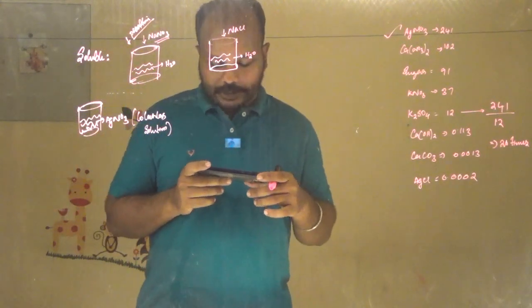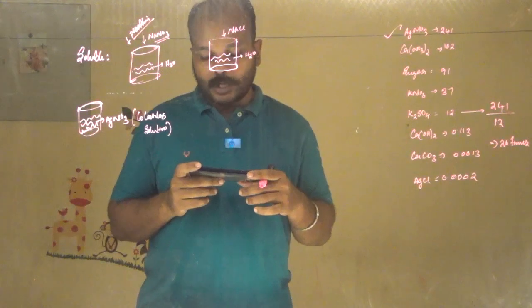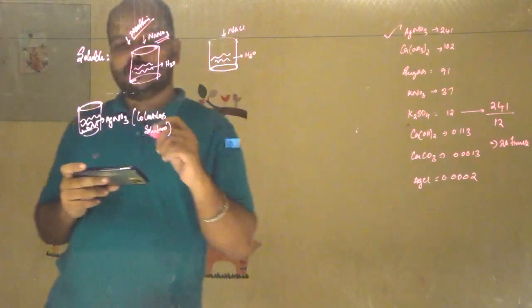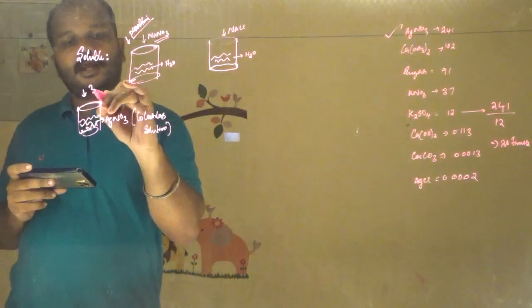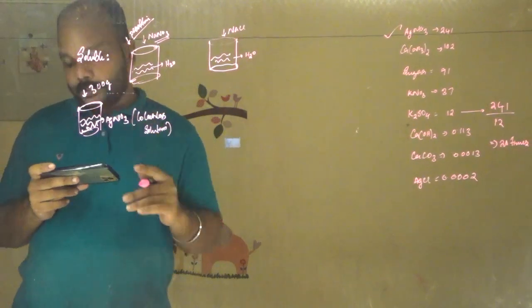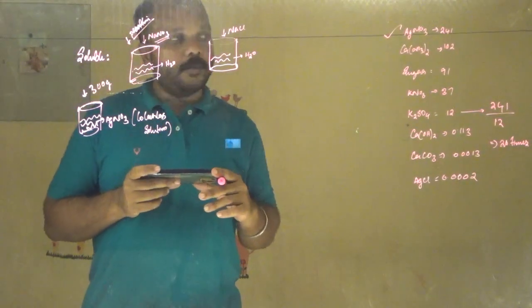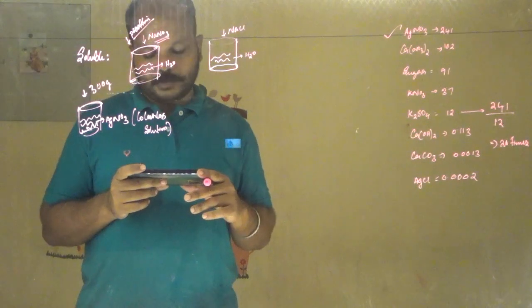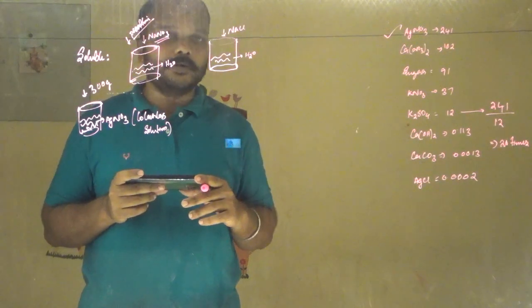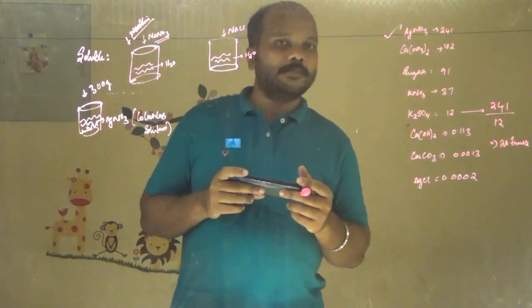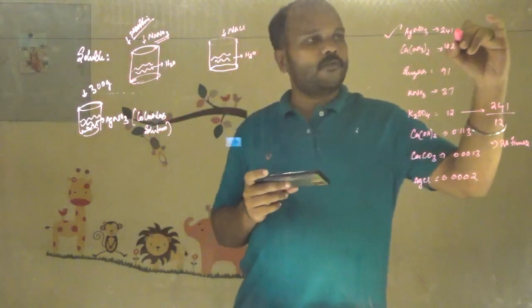So what they are asking is, what will you see if you add 300 gram of it? Suppose you are adding 300 gram of silver nitrate into 100 gram of water at 25 degrees Celsius. What will happen? See, its maximum capacity at 25 degrees Celsius is 241, right?